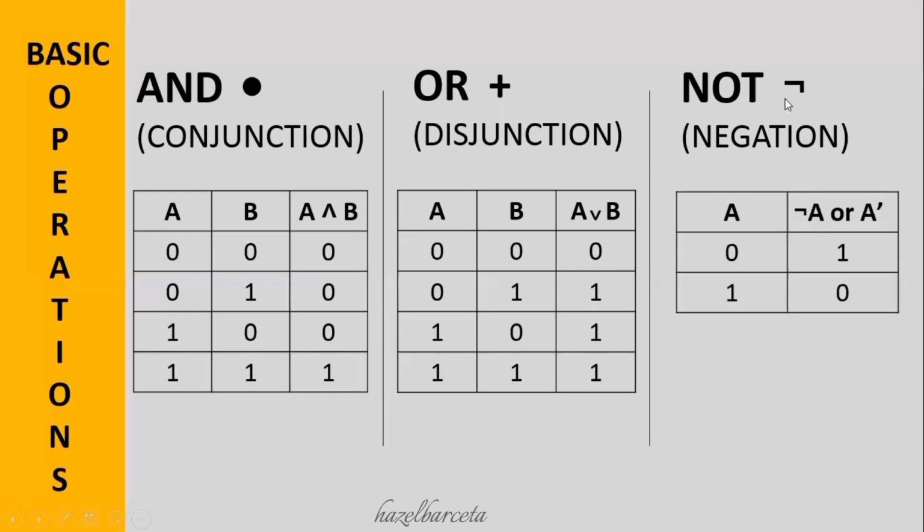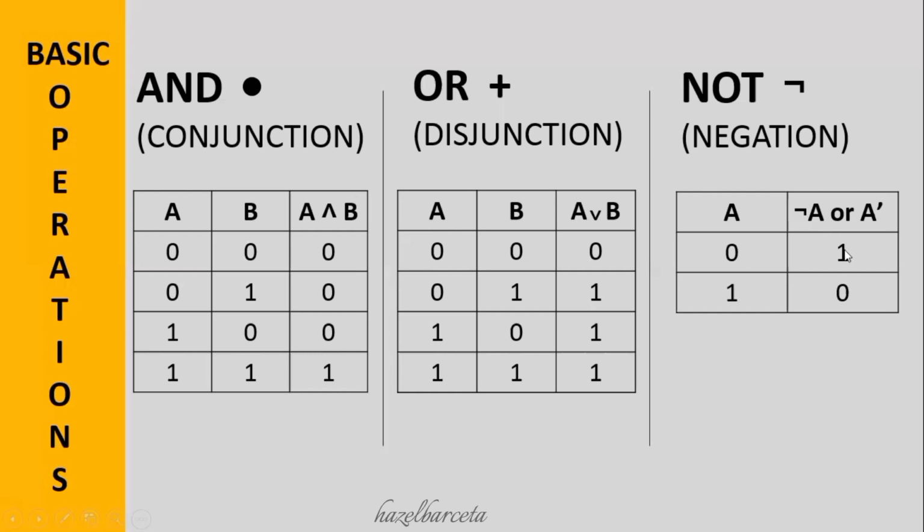Dito po, ayan. Ito po yung susi natin. Meron na po tayong ditong A'. So, ito, isa pa din po ito sa symbol ng negation. And the other one is the over bar. So, makikita din po yun mamaya. So, dito, when A is 0, the complement or the inverse is 1.